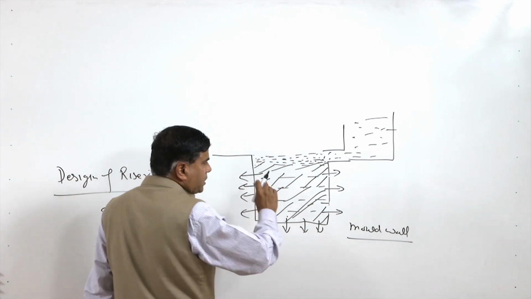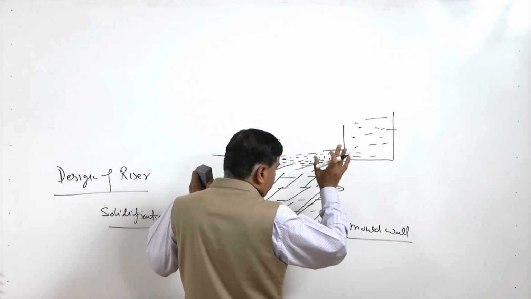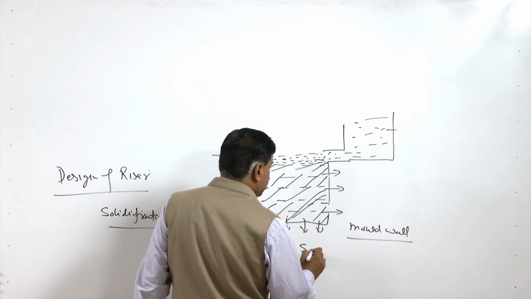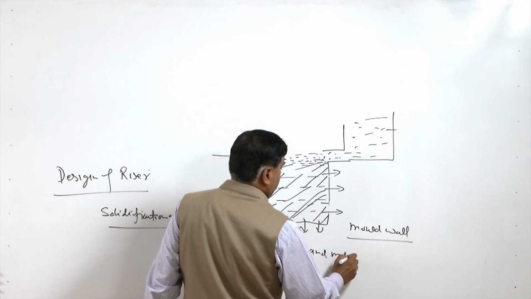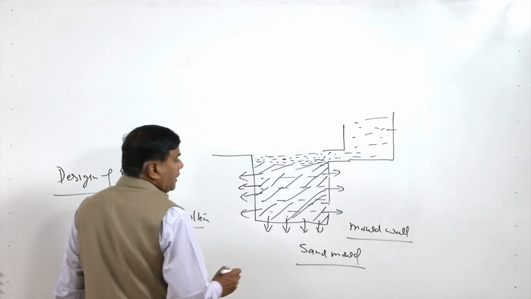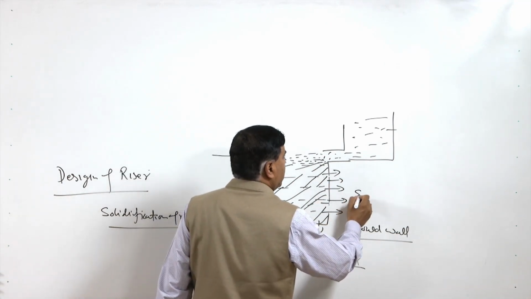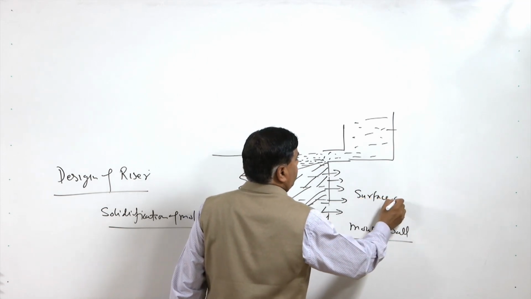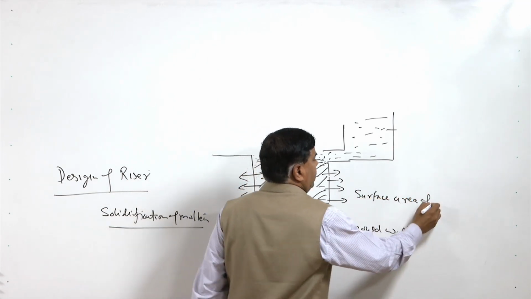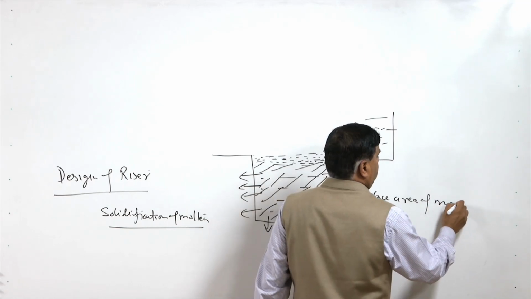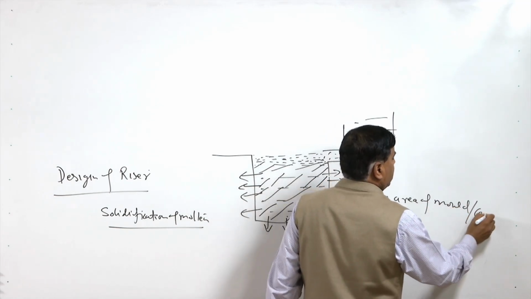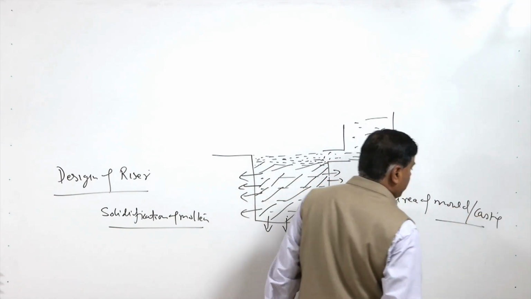In addition to that material aspect, for a given sand mold, the rate at which heat will be transferred depends upon the surface area of the mold, or we can say the casting, which we will get after the solidification of the molten metal.